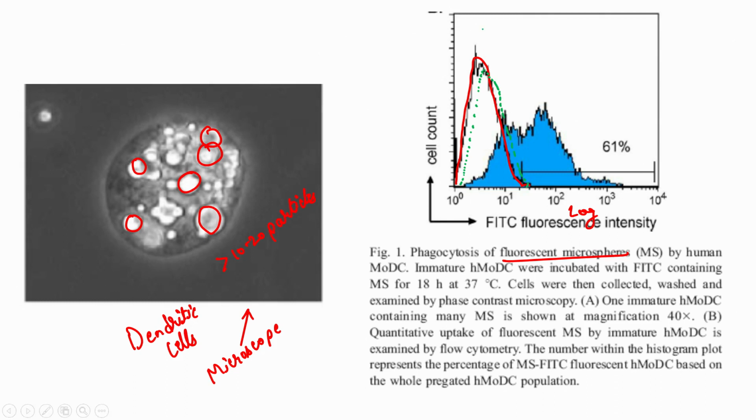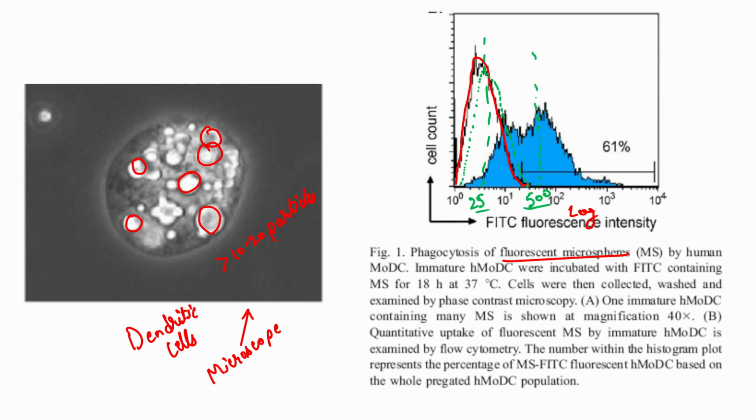If you compare the MFI, the mean fluorescence index, for this versus the mean for this, the mean or the median will lie somewhere around here. You will find that this is only, let us say, 25, whereas this is already 100, 200, 300, 400, almost 500. So, you can see quite a bit of enhancement.